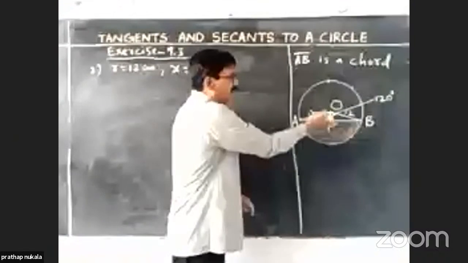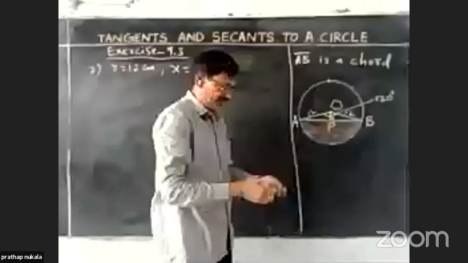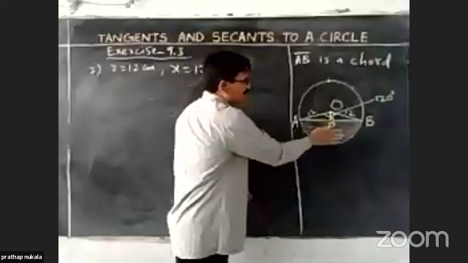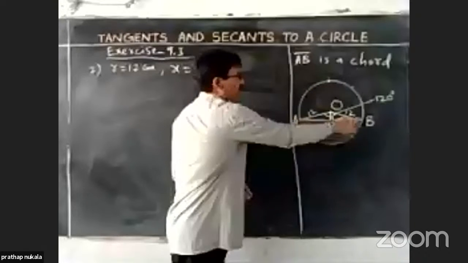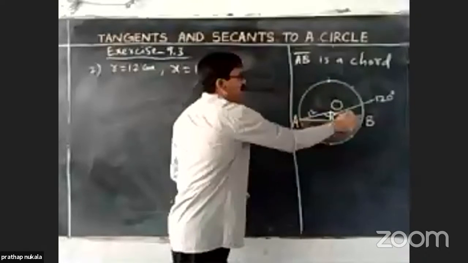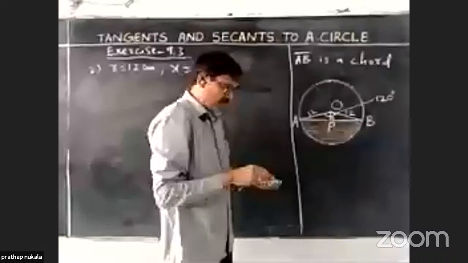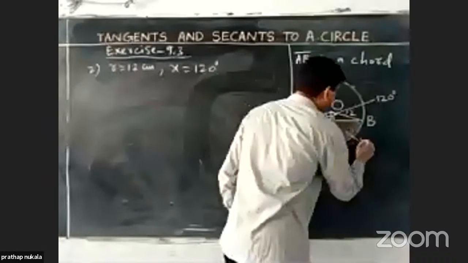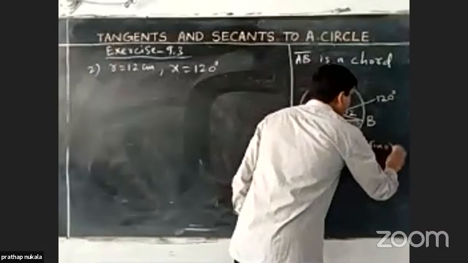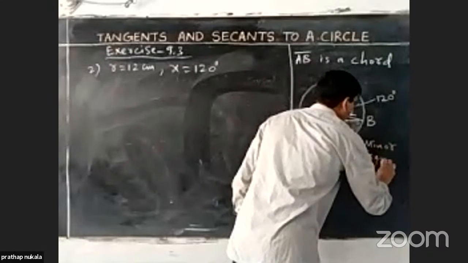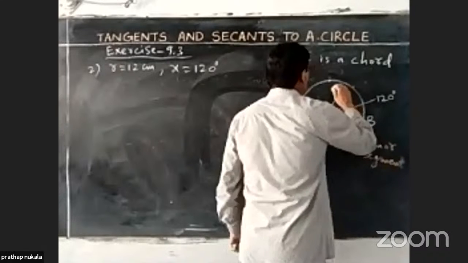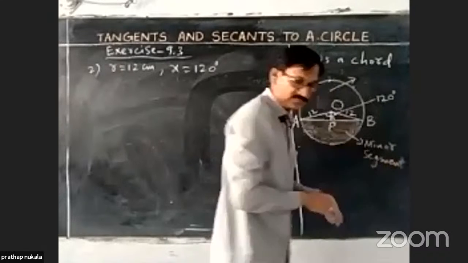Below the center, this part is smaller, this is the larger portion. Below AB, this is smaller. Above AB, the region is larger than the lower portion. That's why this is the minor segment. This is the major segment.